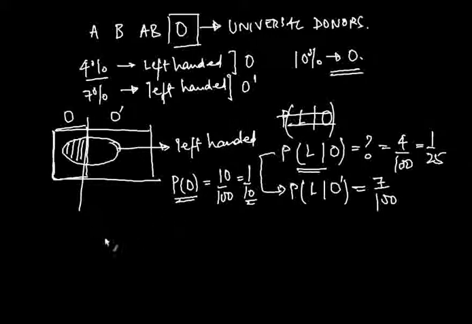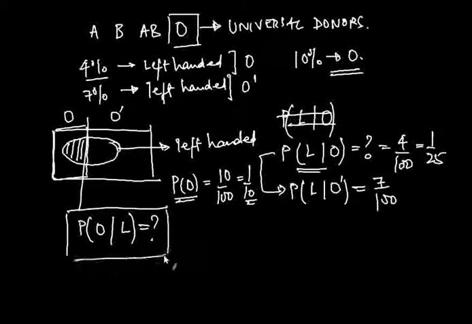But what we are being asked is that if we randomly pick a person and that person turns out to be left-handed, then what's the probability that he's got blood group O? So the question we are supposed to answer is: what's the probability of a person having blood group O given that he's left-handed? Well, that's kind of easy. It's a simple application of Bayes' theorem. This is a conditional probability.